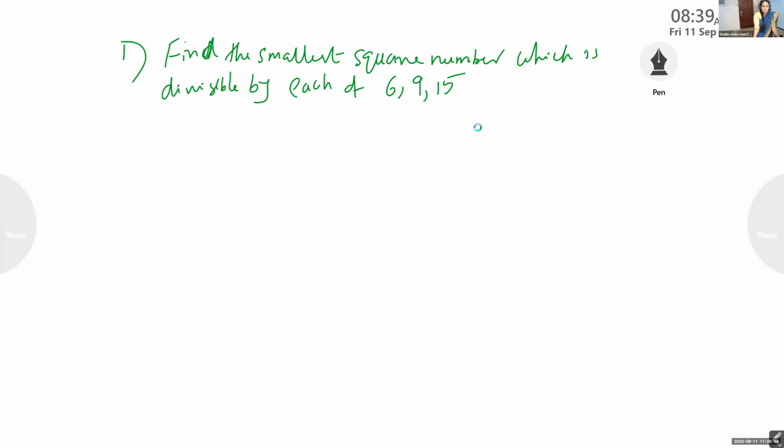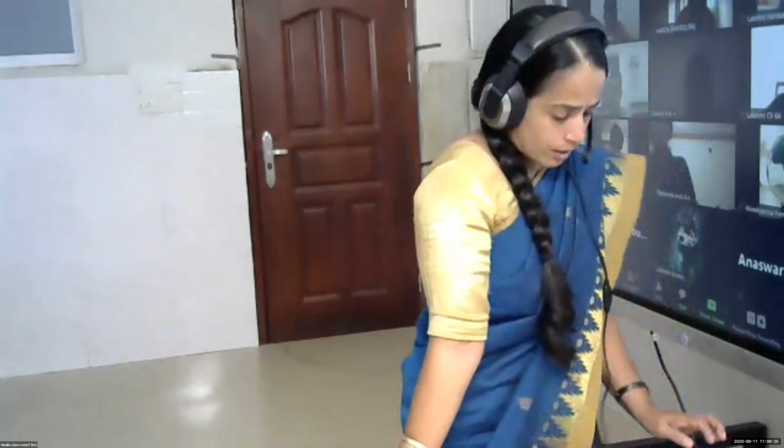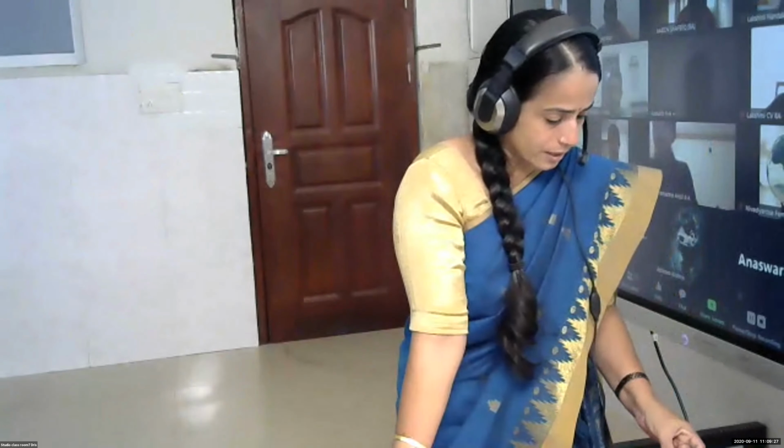So first of all, I will explain the question once again. Here our question is, find the least square number which is divisible by the given 3 numbers. We know that the least number which is divisible by the given numbers is their LCM, the LCM of 6, 9 and 15.